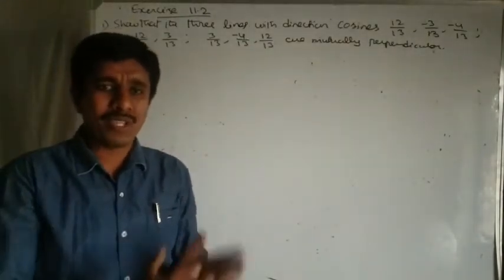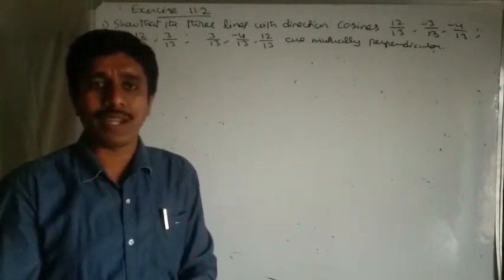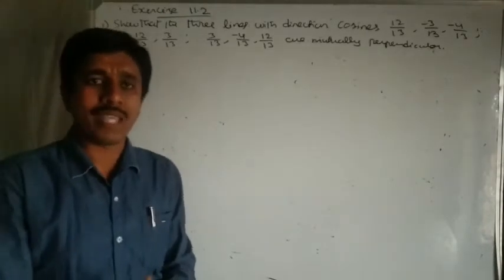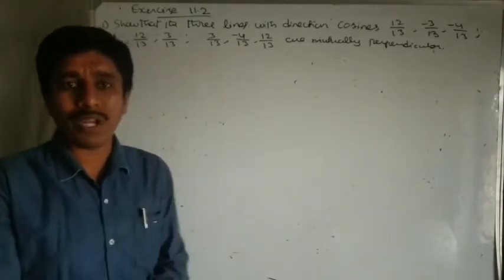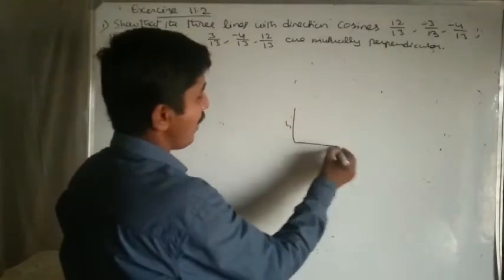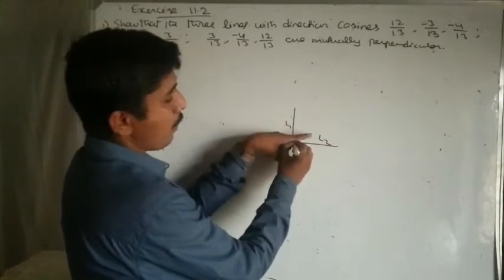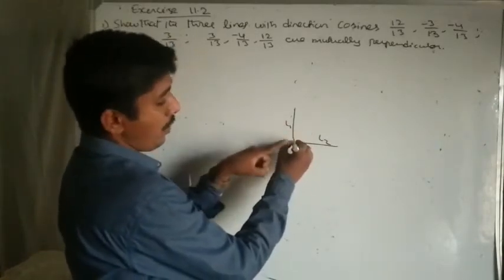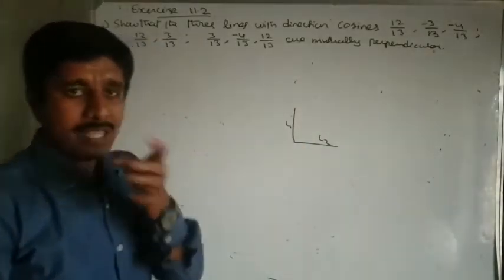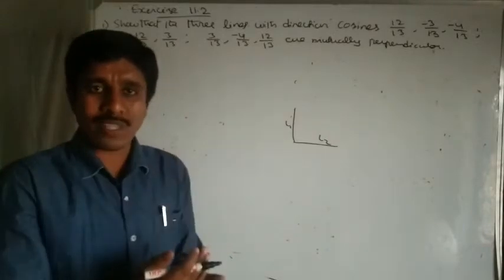Means we have to prove that first line is perpendicular to second line, second is perpendicular to third line, third line is perpendicular to first line. First line here L1, second line L2, third line L3. Here we have to prove that L1 is perpendicular to L2, L2 is perpendicular to L3, L3 is perpendicular to L1. Got it.